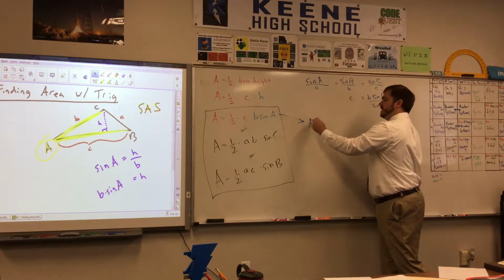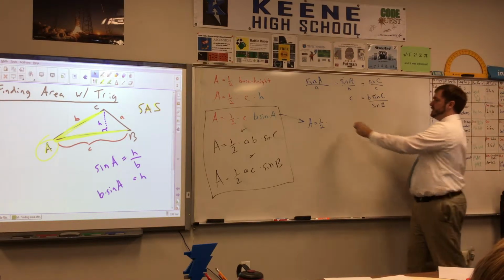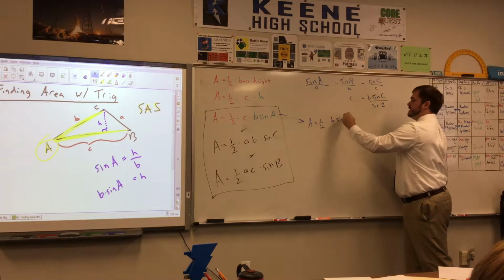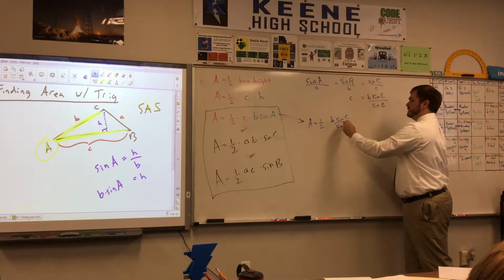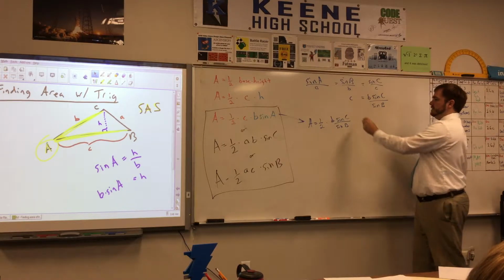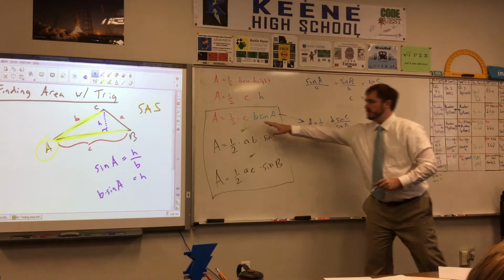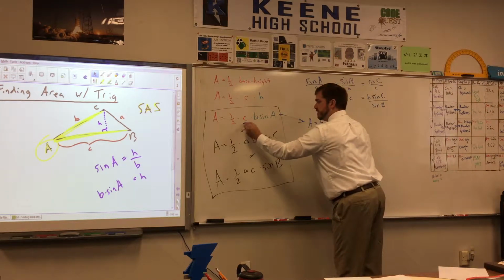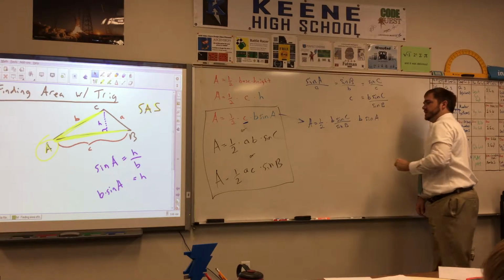So the area is 1/2, and instead of saying C, I will say B sine C over sine B times, so that took care of this part right here, B sine A.